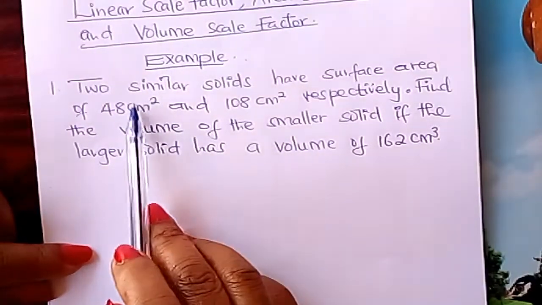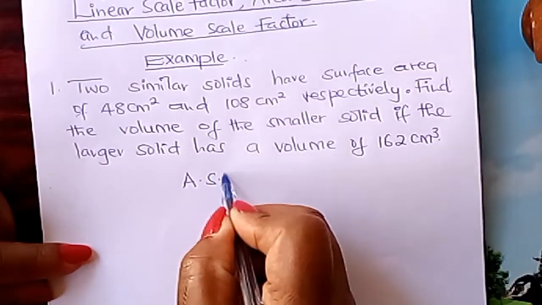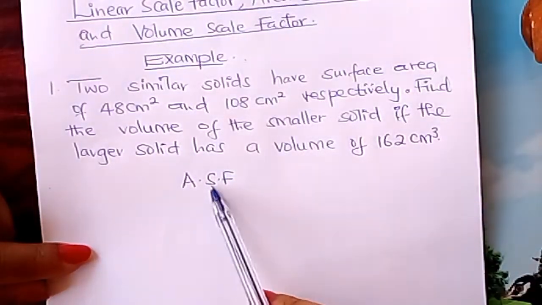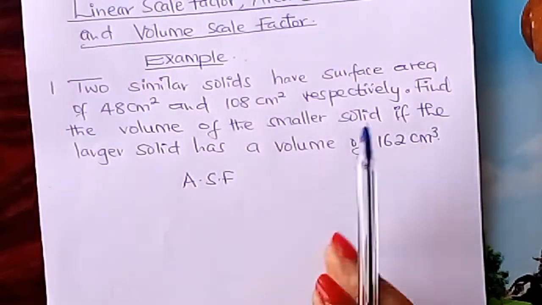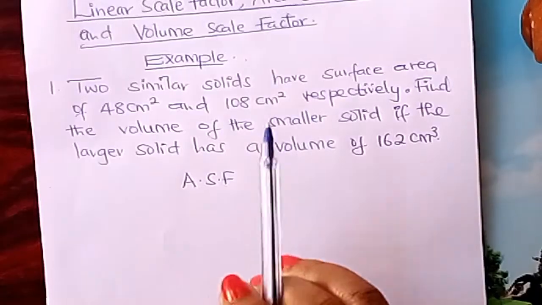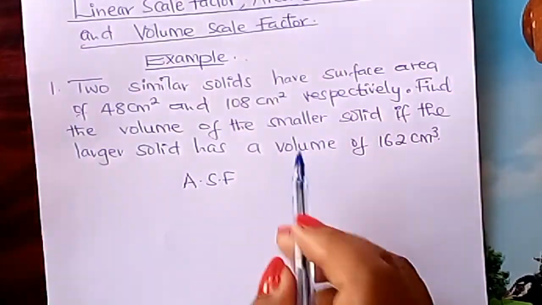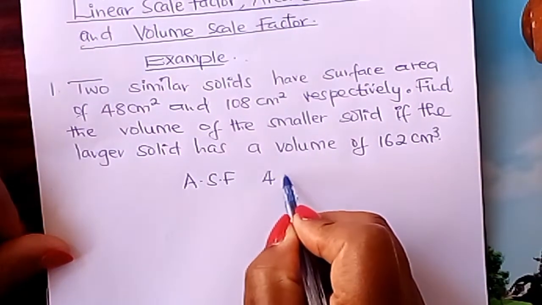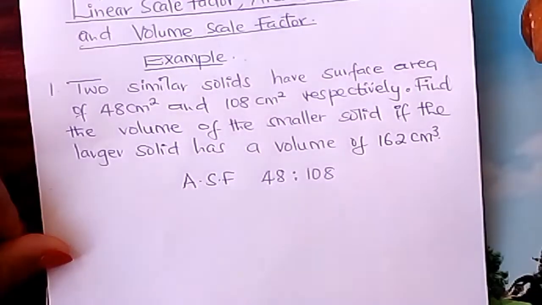Learner, the first sentence is talking about area scale factor. Area scale factor, which we write in short as ASF, refers to the ratio of the areas, and therefore in this case we can write area scale factor as 48:108.